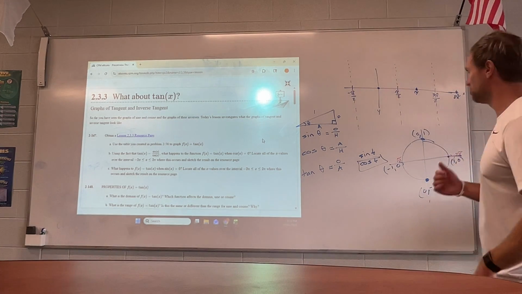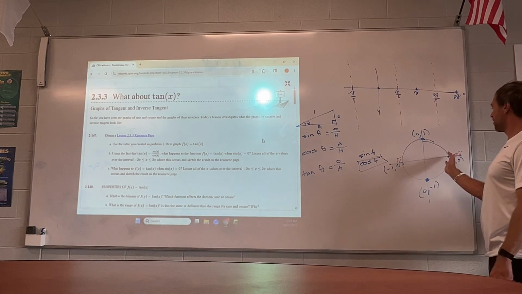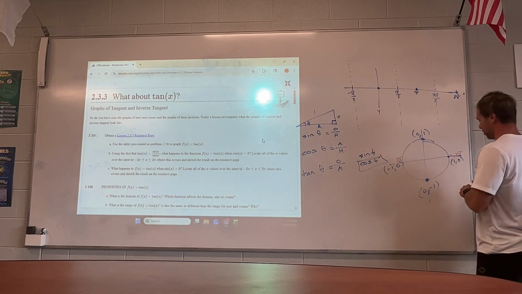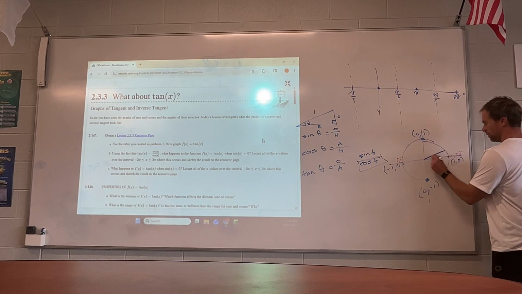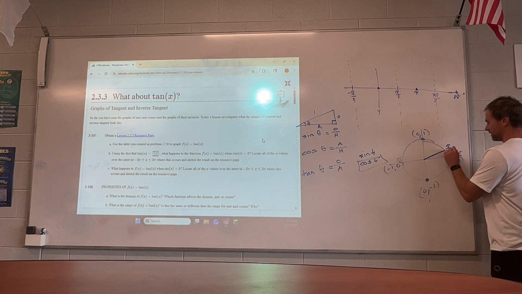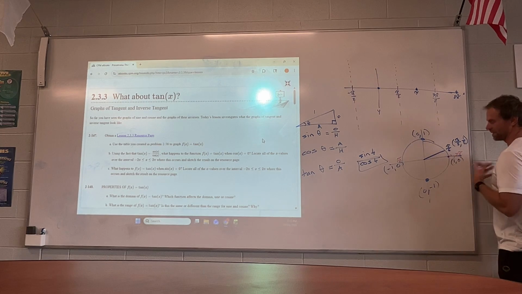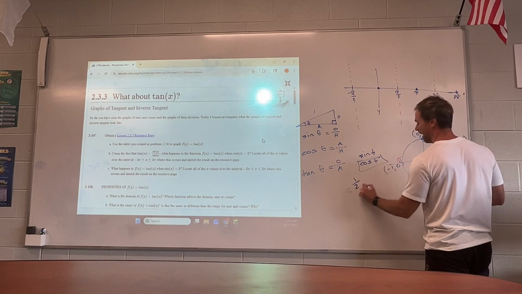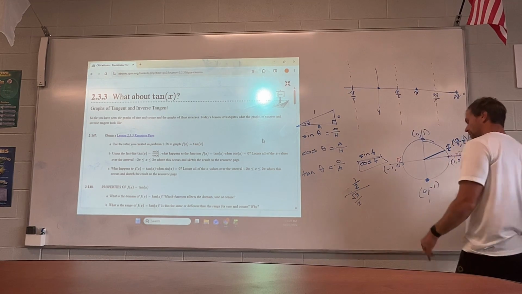Then looking at the unit circle, what are these graphs doing? As we move sine over cosine, let's think about our first point here. At pi over 6, we have a value of 1/2 over square root of 3 over 2, because it's sine over cosine.